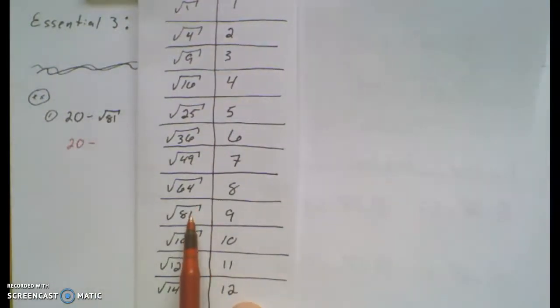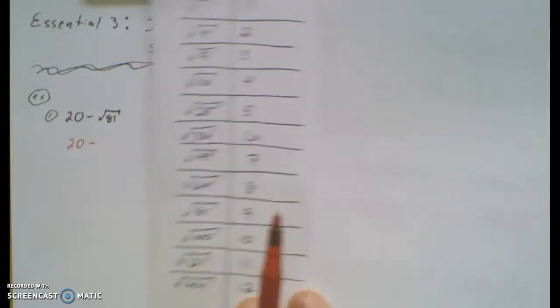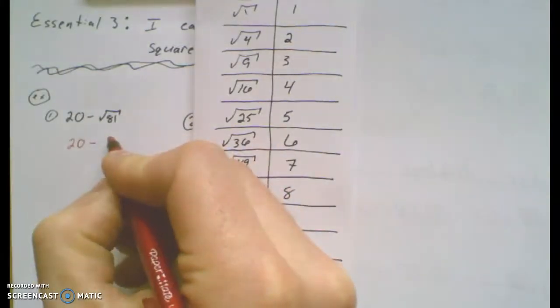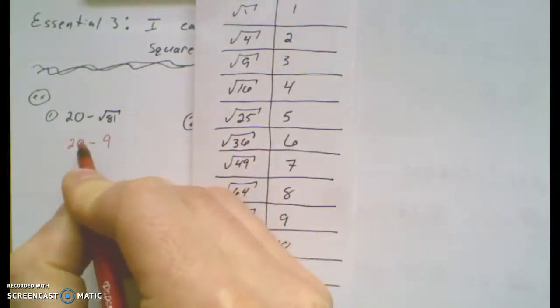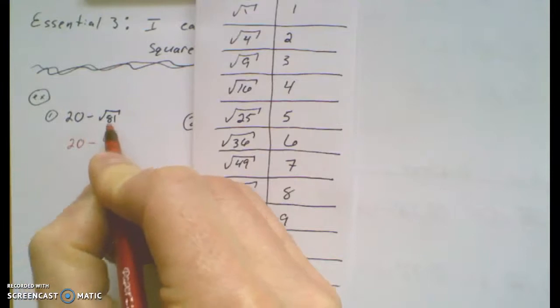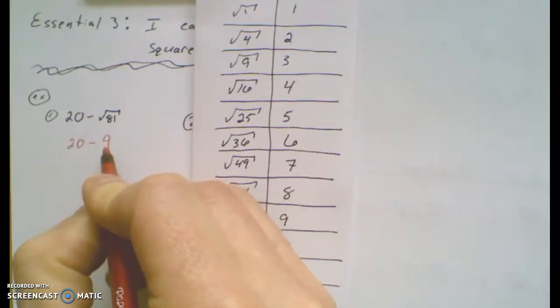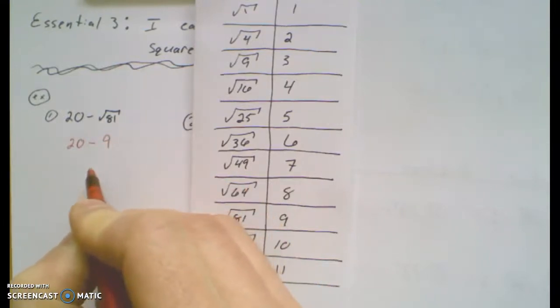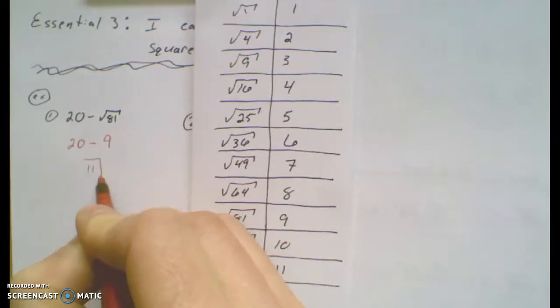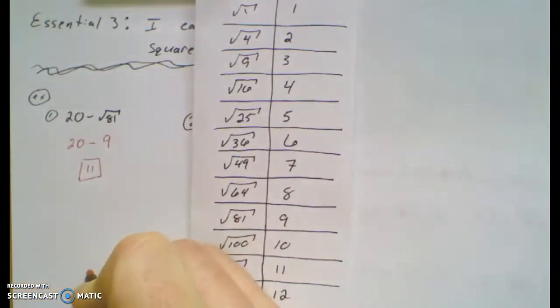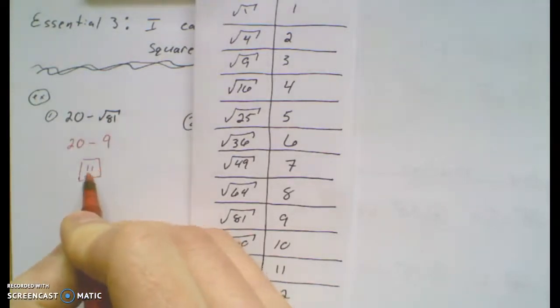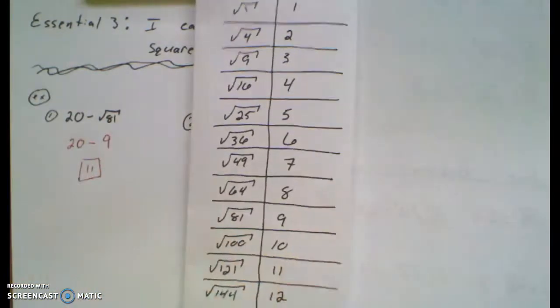That's awesome if you can. If not, we're just finding 81 on our sheet. There it is. The square root of 81 is 9. So it's actually 20 minus 9. 20 minus 9 gives me 11. And I know I'm done in this one because, like we said, evaluating just means we should get it down to a single number when we're done.